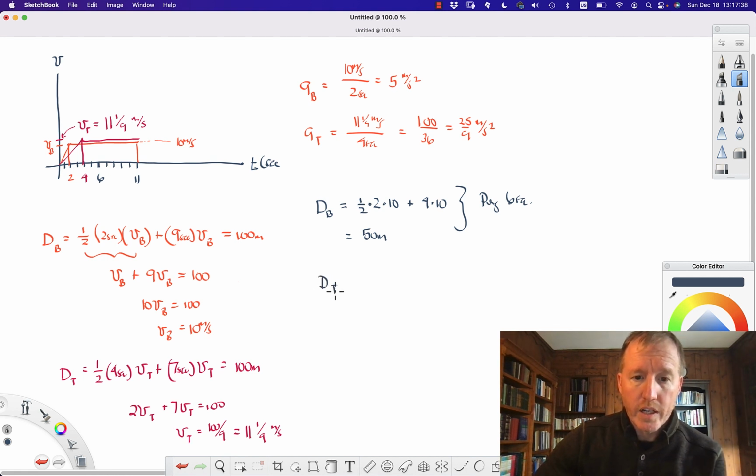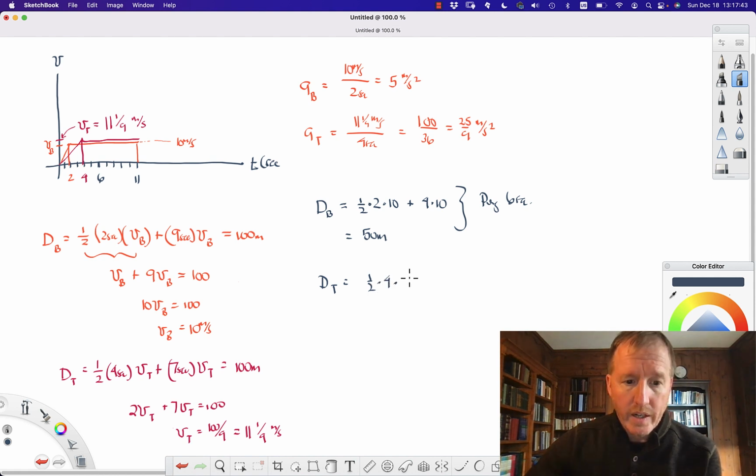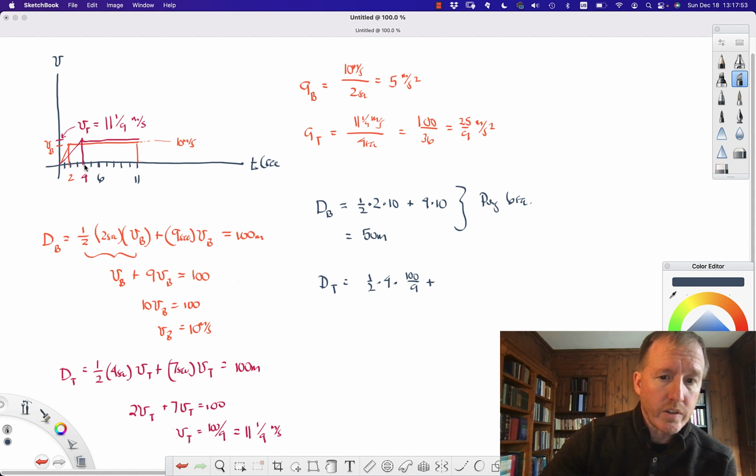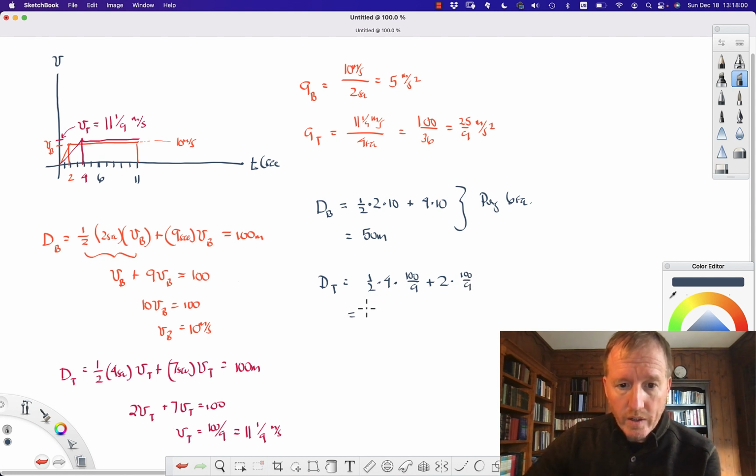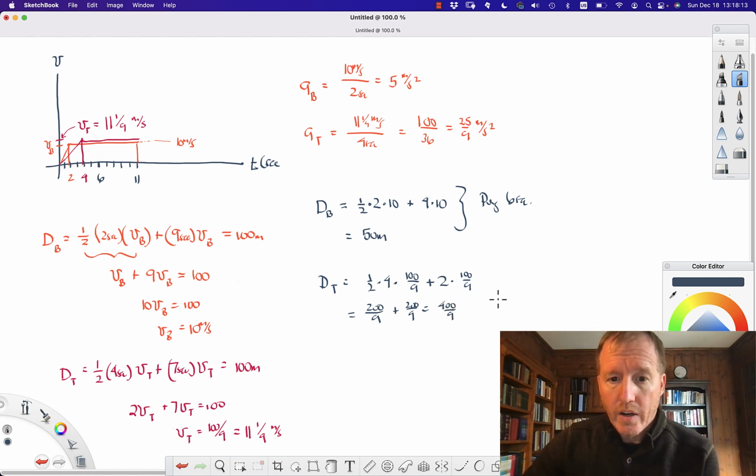How far does Ted travel? Well, Ted travels 1/2 times 4 times 100 over 9. That's the speed. And we have to add on between 4 and 6, which is 2 seconds times 100 over 9. And to simplify this, we'll have 200 over 9 plus 200 over 9 would be 400 over 9, which is going to be how far?